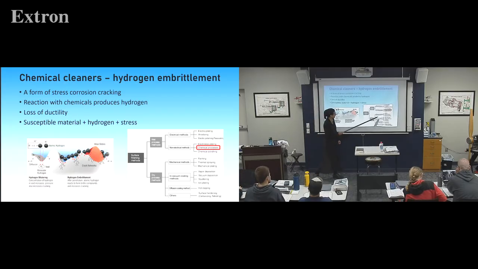And there are lots of other things that cause this, but right here, the chemical process of a chemical cleaner causing hydrogen embrittlement. Any questions on that? You don't need to know the process. I just went over it so you can kind of understand the theory behind it. But just know chemical cleaners under the right or bad circumstances can cause hydrogen embrittlement if you don't clean them properly.